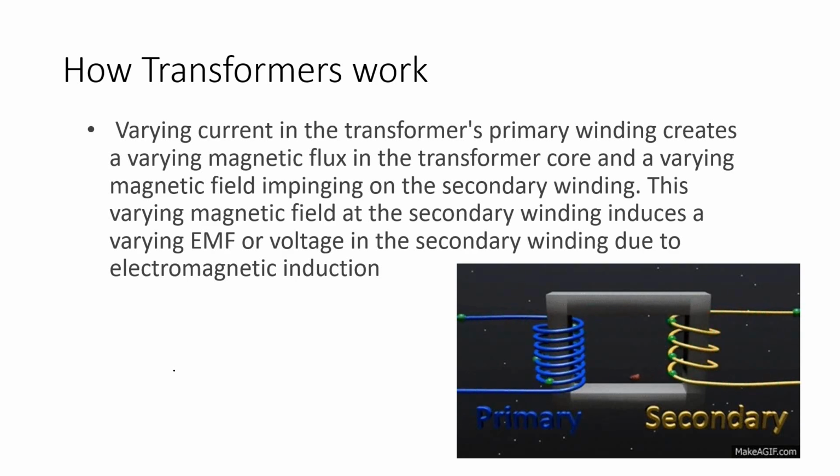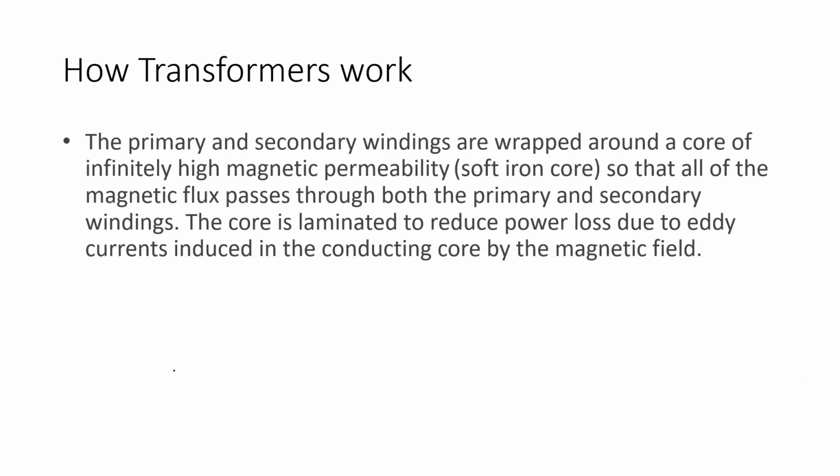This varying magnetic field at the secondary winding induces a varying EMF or voltage in the secondary winding due to electromagnetic induction, right? So that is just typically describing how it works. There might be easier ways of describing it, but this is the real way of talking about what is happening with the transformer.